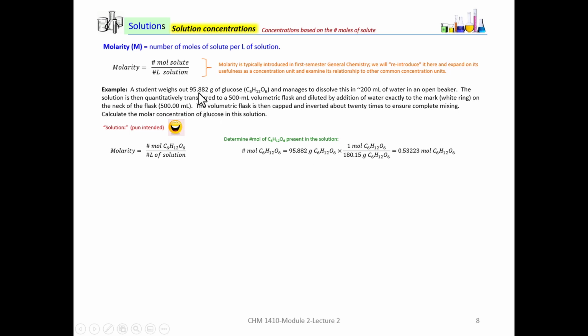We have 95.882 grams, and we effectively divide that by the molar mass of glucose, and we get 0.53223 moles of glucose. We're then going to convert the milliliters of solution, the 500 milliliters, to liters, and that's pretty straightforward. 500 milliliters would be 0.5 liters.